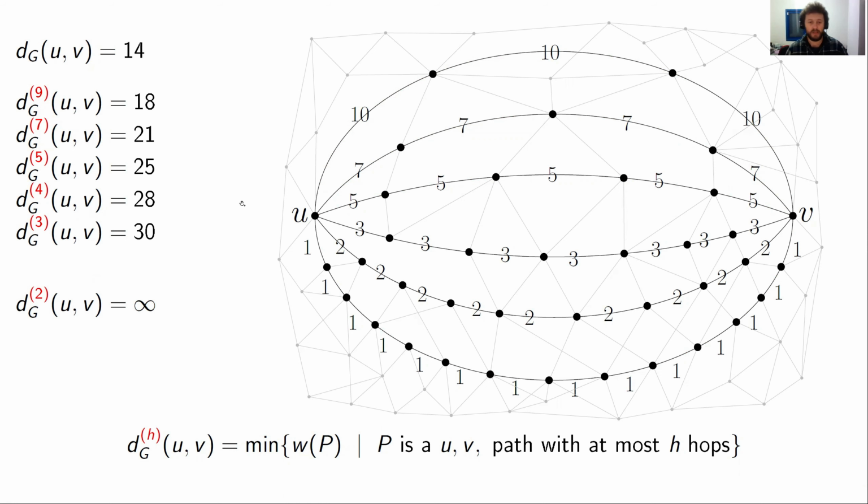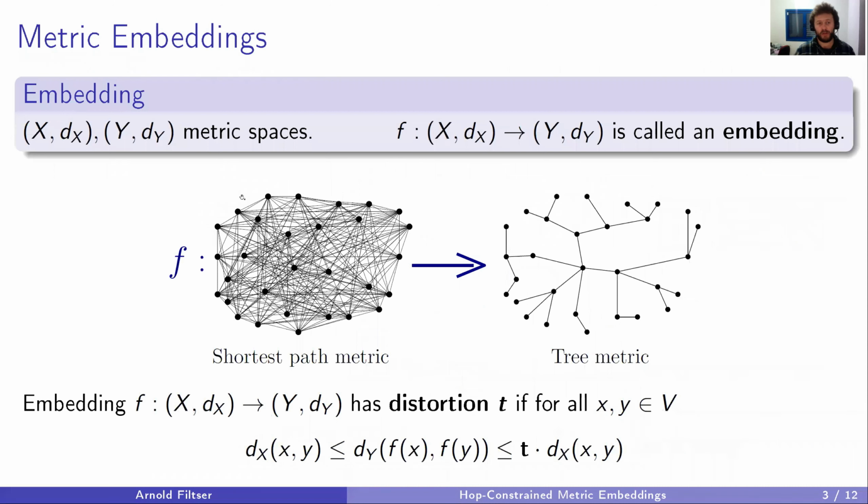So this is the h-hop distance, and we would like to study this distance in the context of metric embeddings. A metric embedding is a function between two metric spaces that maps points from X to points in Y. So here we think, for example, about mapping the shortest path metric of some complicated graph into a tree.